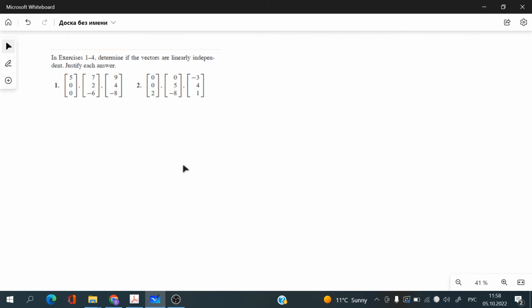Now we need to determine whether it is linearly dependent or independent. So now let's create an augmented matrix.